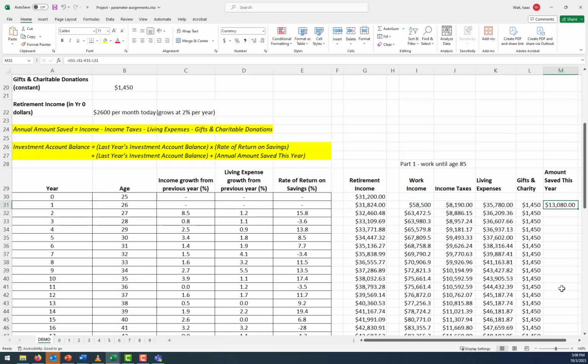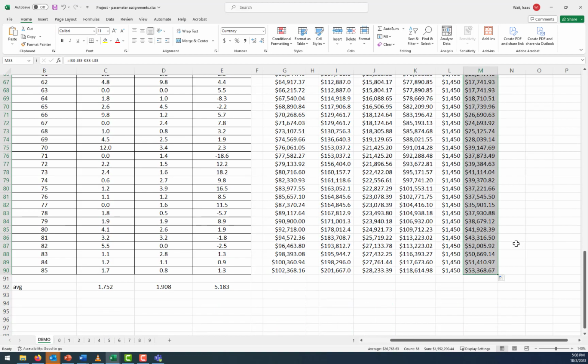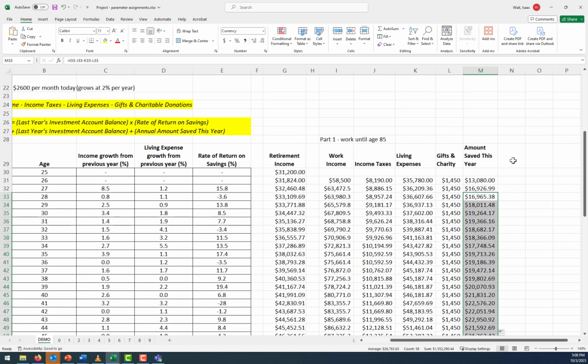So how much is left over after covering everything else is $13,080. So that's just how much is extra in that given year. Next year, they've got extra leftovers. So you can see that every year, they've got some money additional beyond their expenses. So the last column, which is very important, investment account balance.